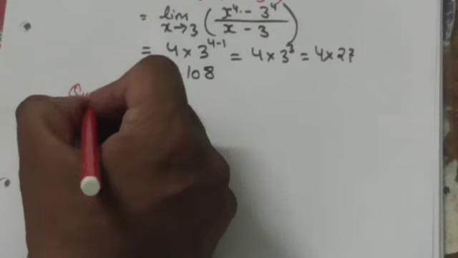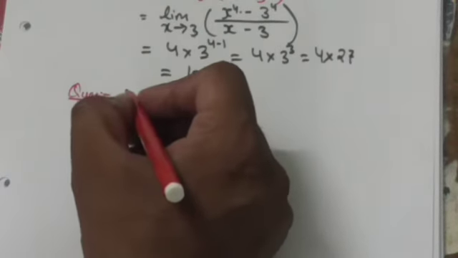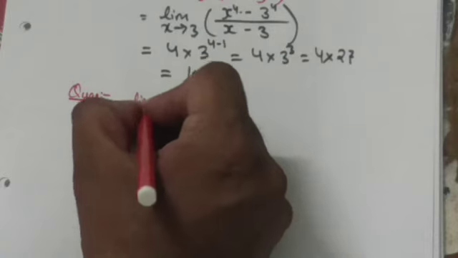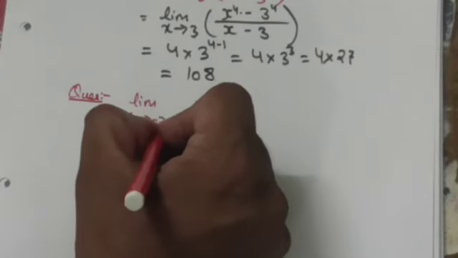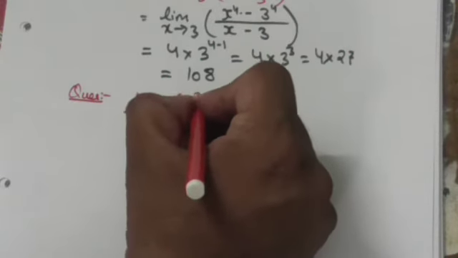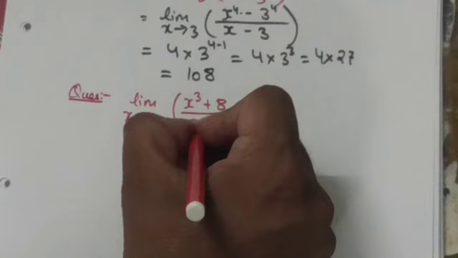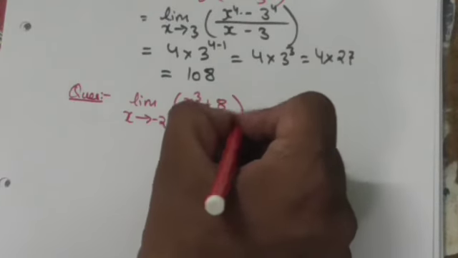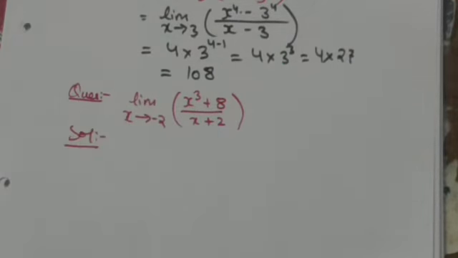See another question. Limit x tends to minus 2, x raised to power 3 plus 8 upon x plus 2. So we have to evaluate this limit.